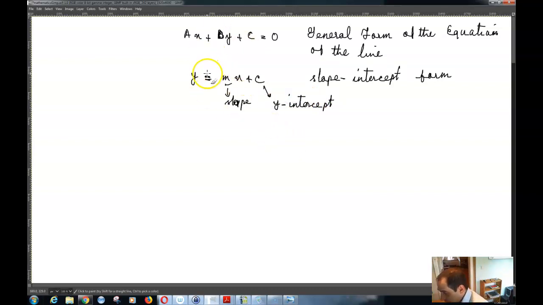Now in this, basically, we said that in the slope-intercept form, your m is equal to negative a by b, and your c over here, which is lowercase c, is equal to negative c by b.